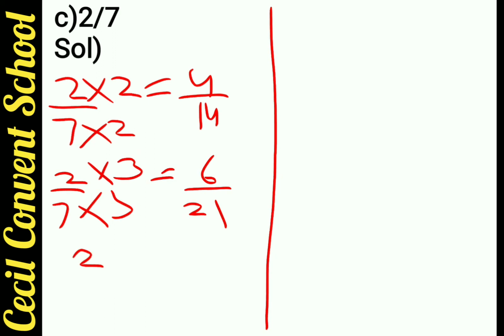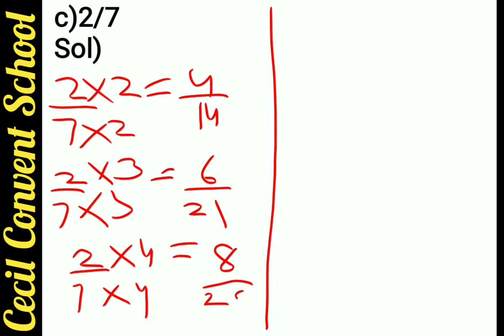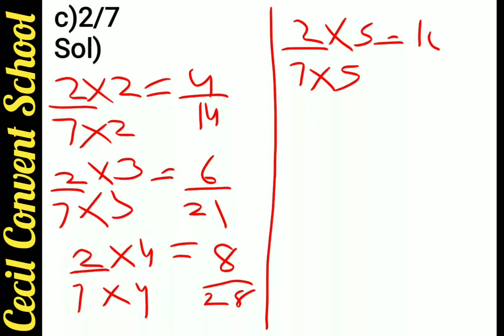Then 2 by 7 you have to multiply by 4. Answer comes 8 by 28. Now 2 by 7 you have to multiply by 5. Answer comes 10 by 35. Clear?